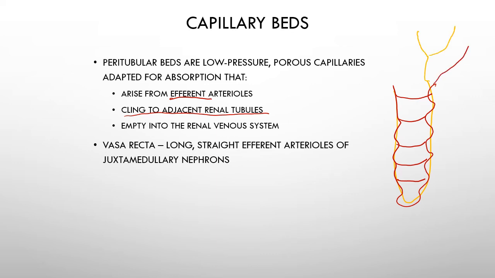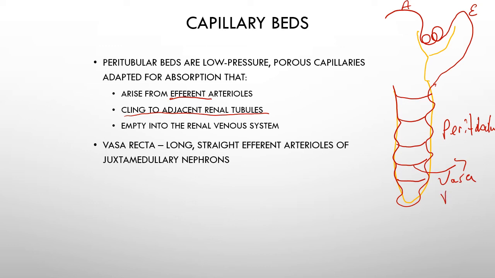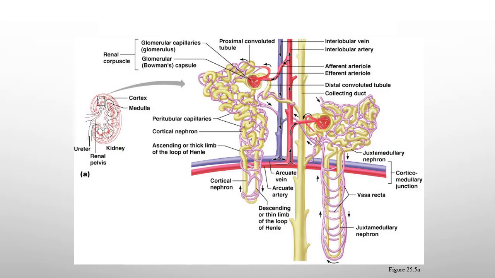And then this is our efferent, and then our afferent. The whole thing is the peritubular, and then the vasa recta are those connecting ones in between there. And those are going to connect the two sides that we have there.